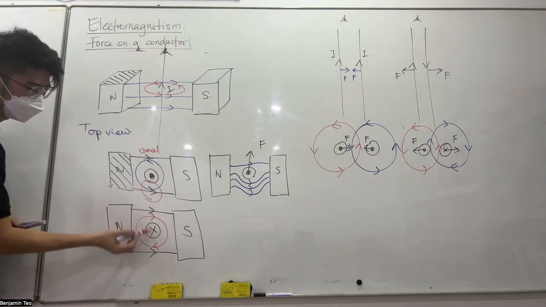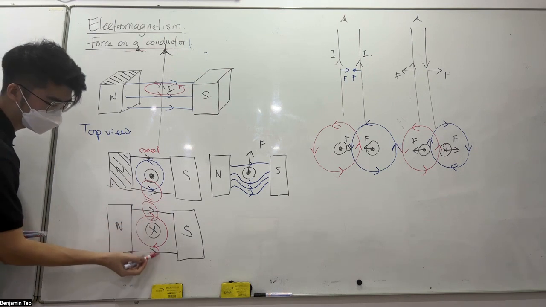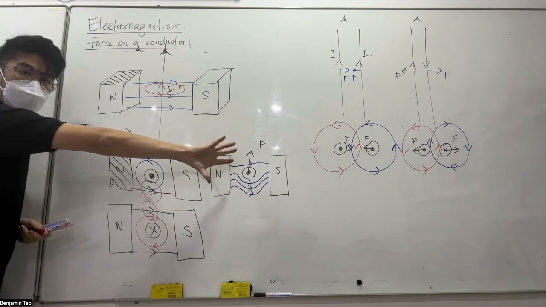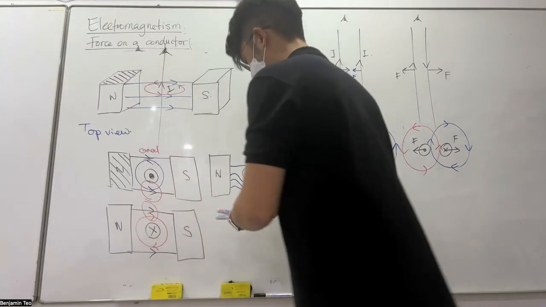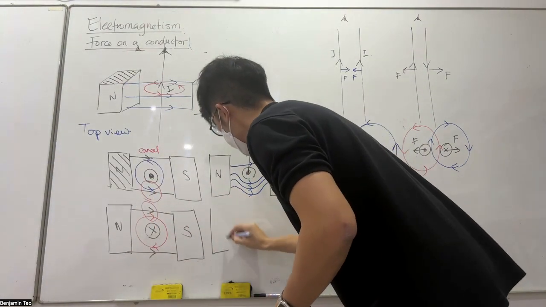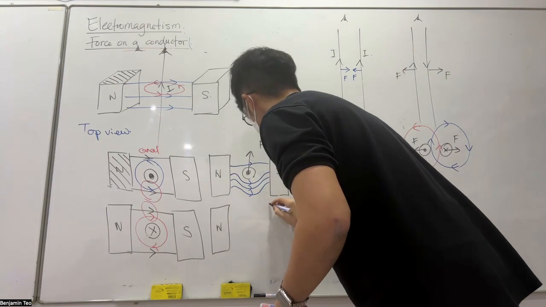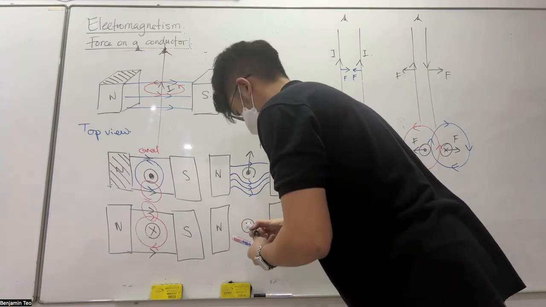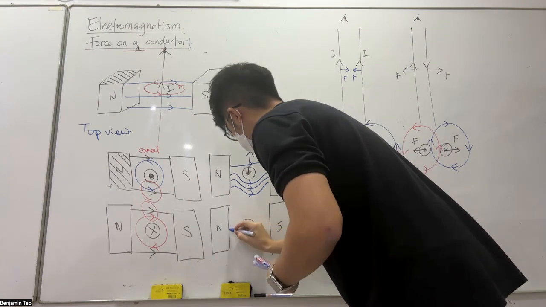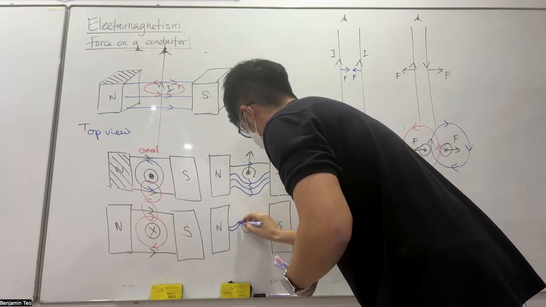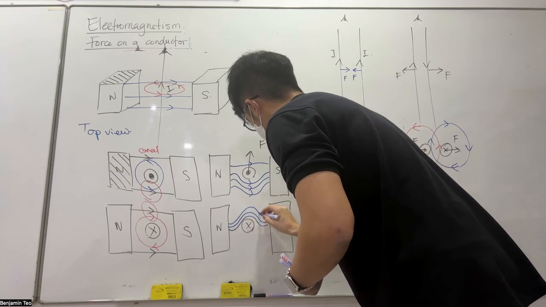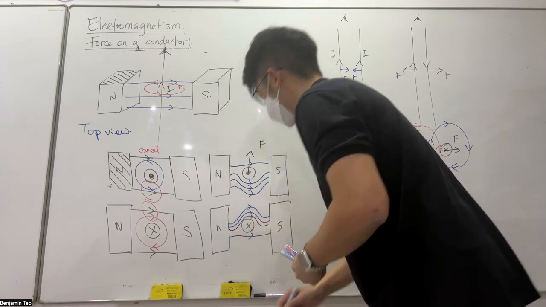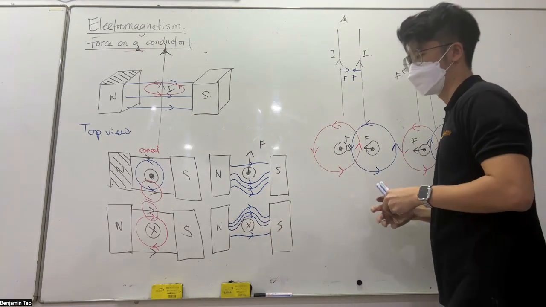Focus on top and bottom: here they add up, here they cancel, so the resultant field is this. Stronger means more concentrated, weaker means less concentrated.